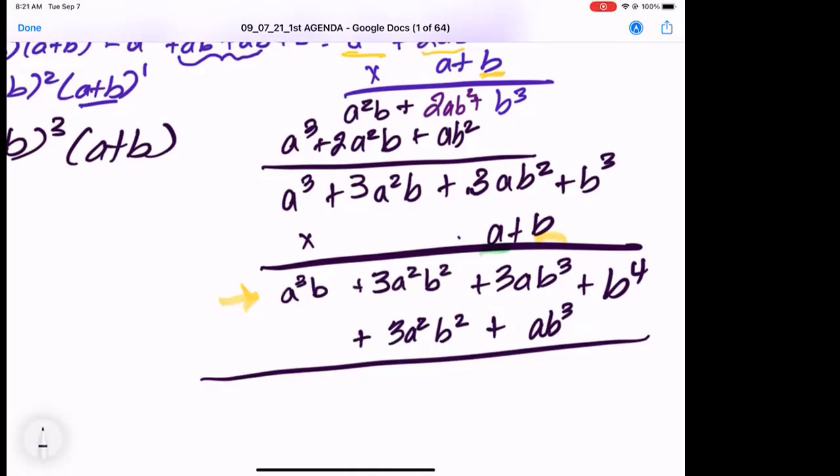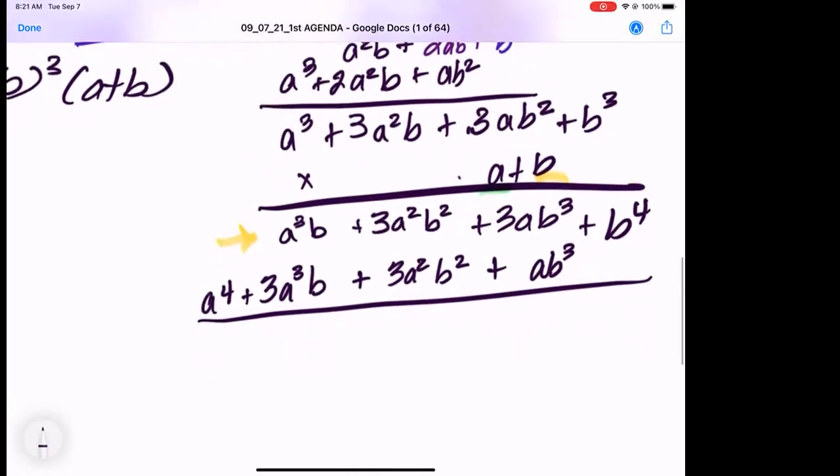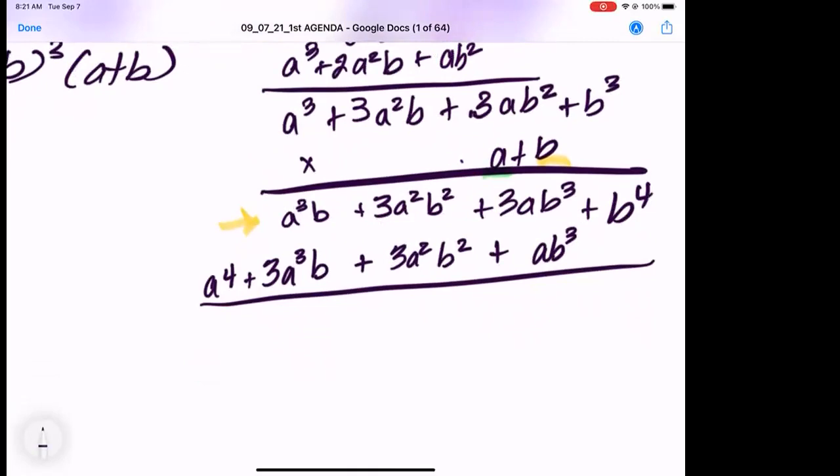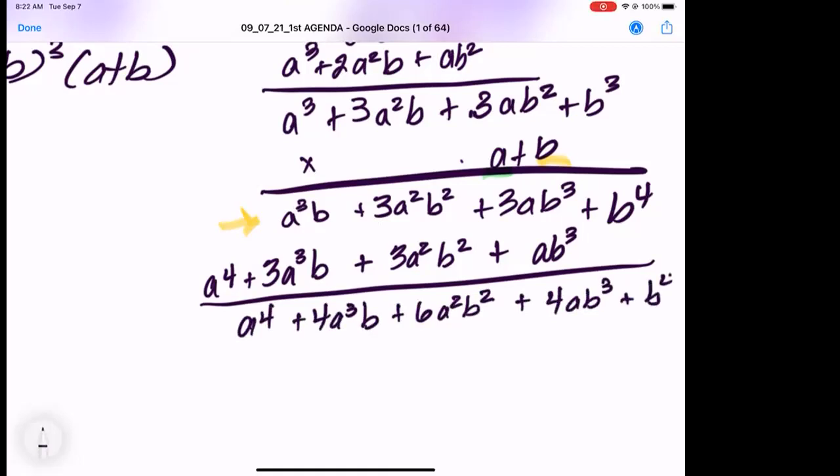Then 3a squared b times a is going to be 3a cubed b. And then your last one, a cubed times a, is a to the fourth. Combine your like terms, you have a to the fourth plus 4a cubed b plus 6a squared b squared plus 4ab cubed plus b to the fourth.